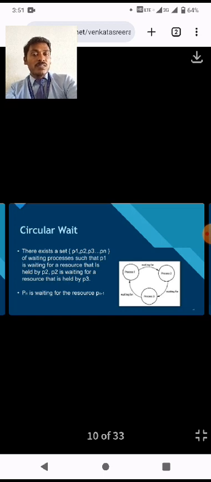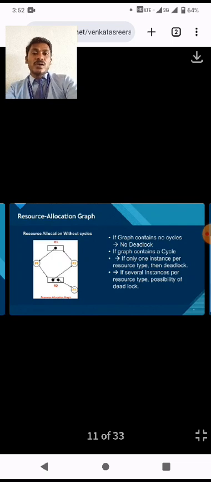Process 2 is waiting for a resource held by process 3. In that situation, definitely a deadlock occurs. Continuing this way, process n is waiting for a resource held by process n minus 1. In this situation, deadlock is going to occur.